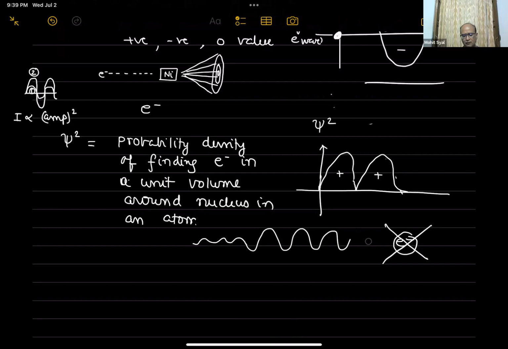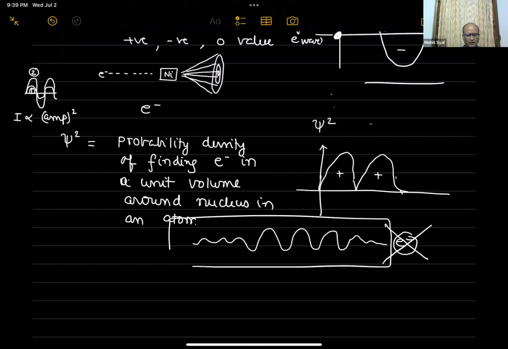So where can you tell, if this is the electron wave, which is spreading at many places, by just looking at this rough graph, in which section you have more presence of electron, where the density of electron is more?